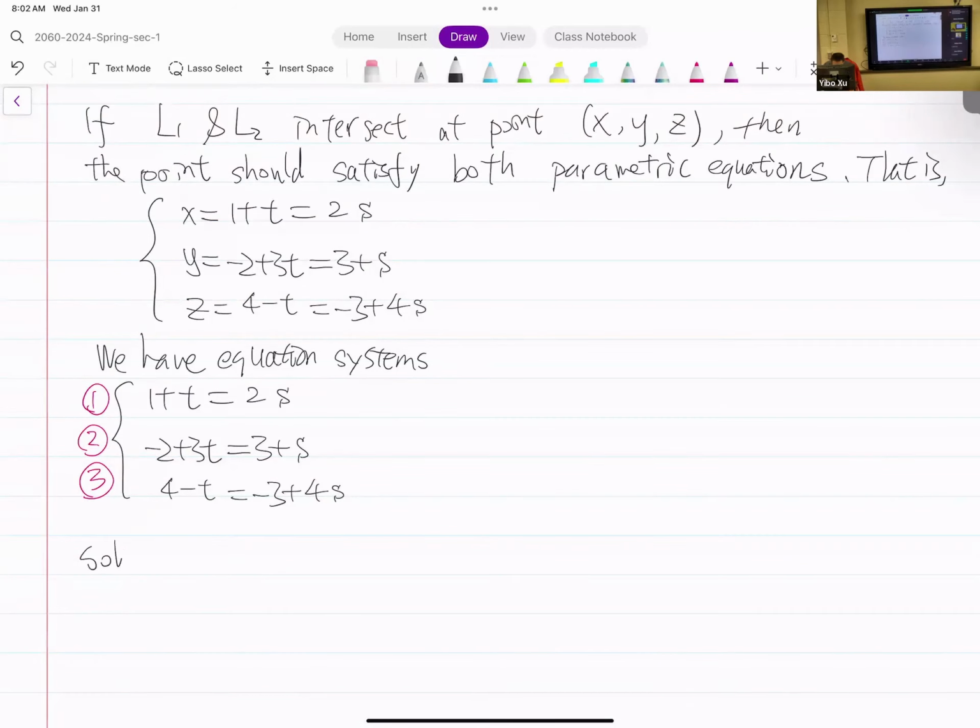So solving, let's say, 1 plus t equal to 2s. Here you can do the rule of elimination, or you can do the rule of substitution.